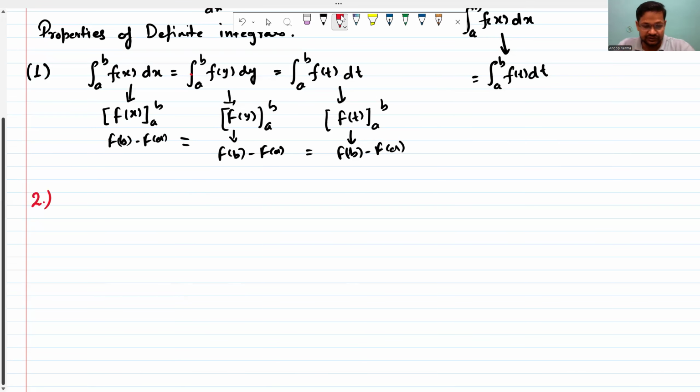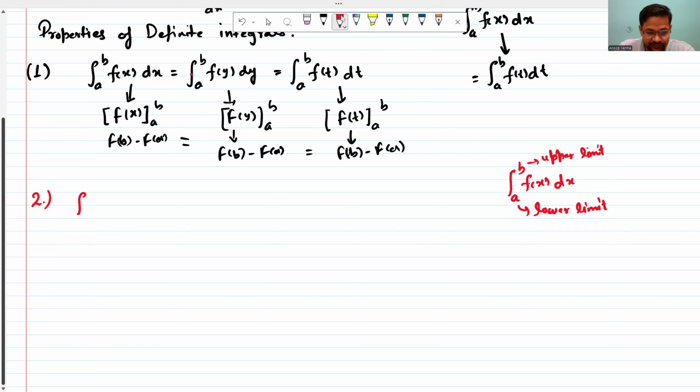Okay, second है if you are changing the order of the limits। We know that if we have something written here a and b, this is definite integral, so this is called upper limit and this is called lower limit. Okay, so if you interchange this upper and lower limit, the value becomes negative.